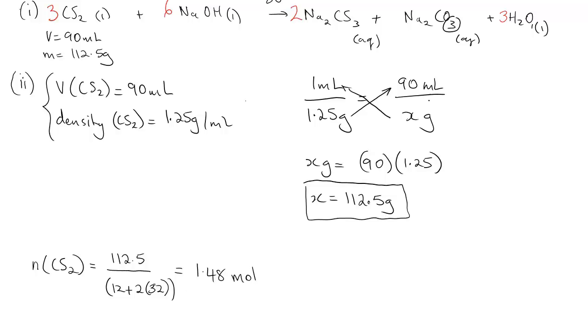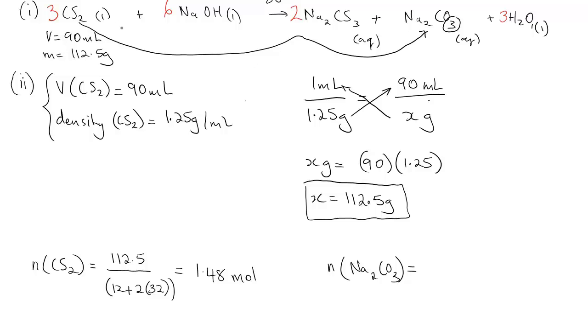Okay, and finally we find the mole of sodium carbonate, which we would have to multiply by a factor. If we look at the reaction over here, okay, the ratio of that to that is you times it by 1 over 3, which is what you want over what you don't want.